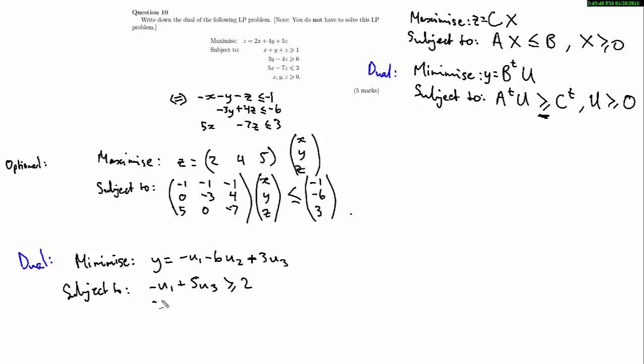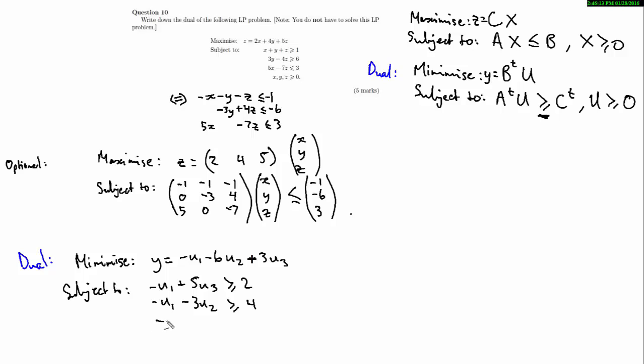Okay, now our second constraint will be minus U1 minus 3 U2 and then plus 0 U3, so we don't write that, and again greater than or equal to the second entry of our C transpose matrix, and that'll be 4.